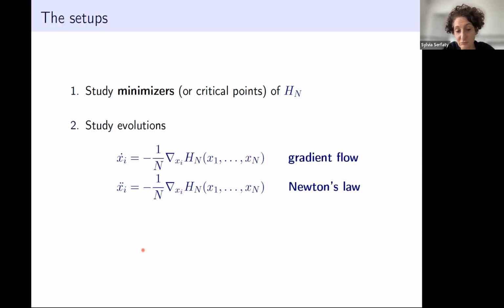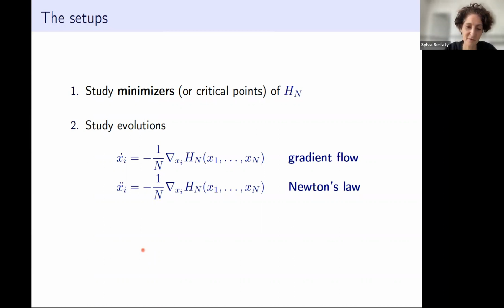Understand evolution equations. So here I wrote 2 kinds. One is the gradient flow, where each point moves with velocity xi dot proportional to the opposite of the gradient of the interaction energy with respect to xi.